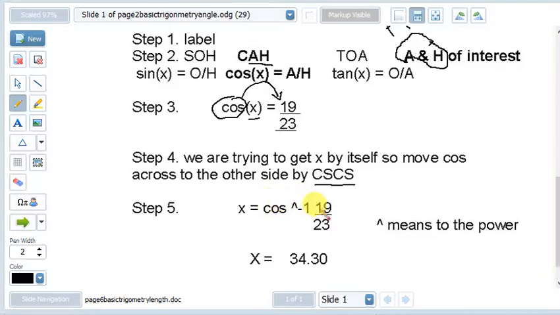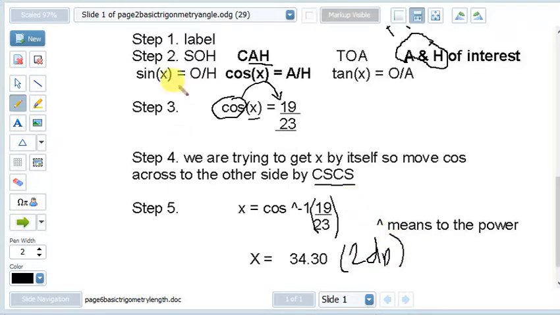Okay, so it becomes cos to the minus 1 of 19 over 23. So therefore x equals 34.3. And if you just put this into your calculator, then it will give you this, and then you round it to 2 decimal places, which is what the question asked for.